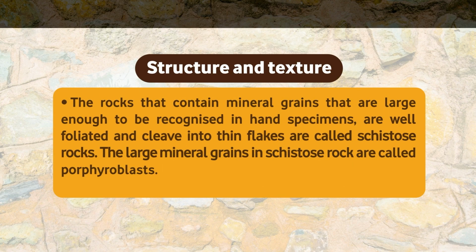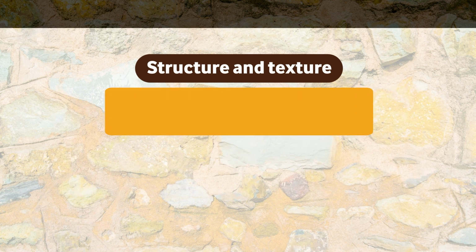The rocks that contain mineral grains that are large enough to be recognized in hand specimens, are well foliated and can be cleaved into thin flakes are called schistose rocks. The large mineral grains usually seen in a schistose rock are what we call porphyroblasts. Then we have gneissic rocks.